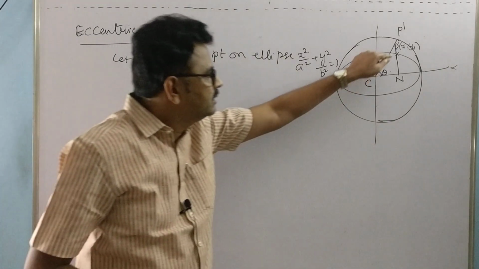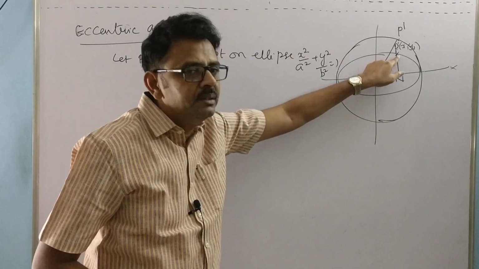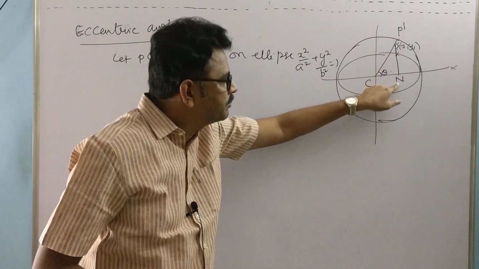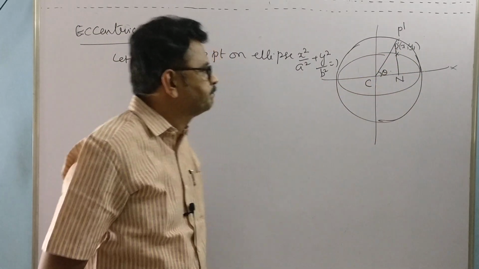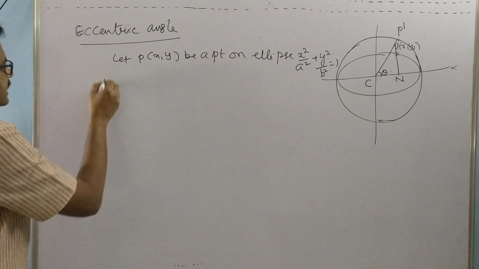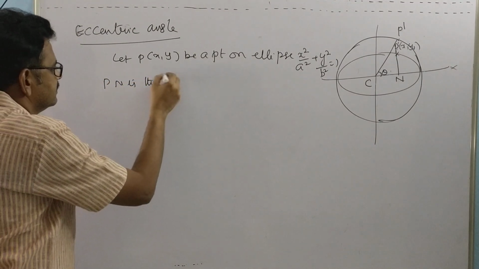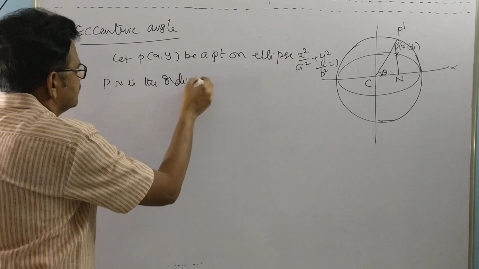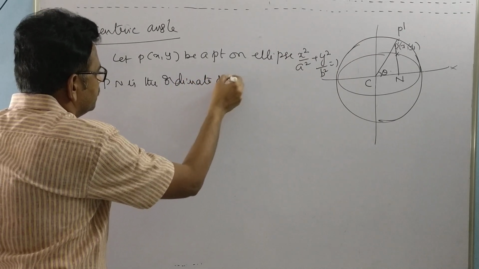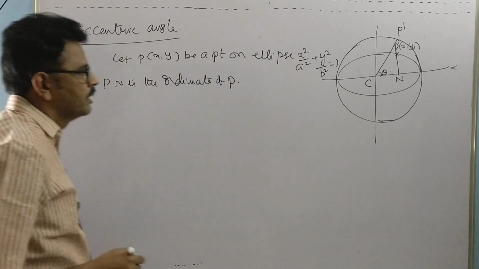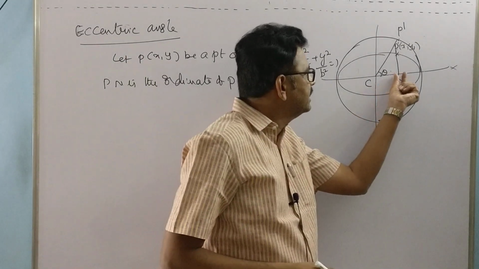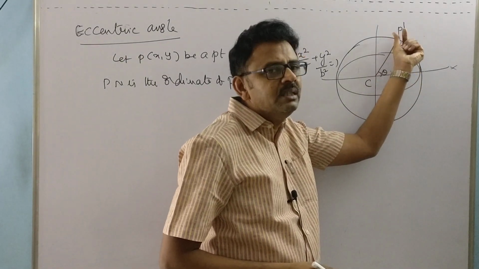And PN is the ordinate of the point P. That means draw PN perpendicular to this major axis. PN is the ordinate of the point P, and produce PN to meet the auxiliary circle at P dash.